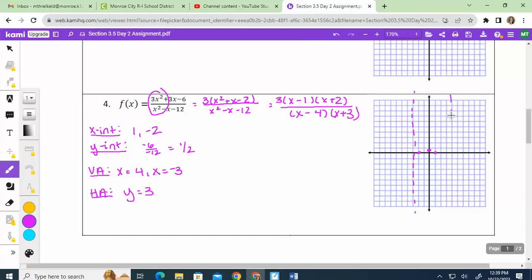-3, +4, and horizontal x. Okay, so when we graph it, use parentheses for the original.